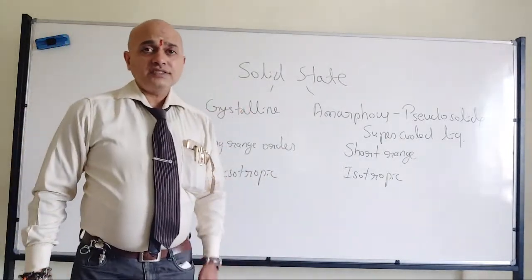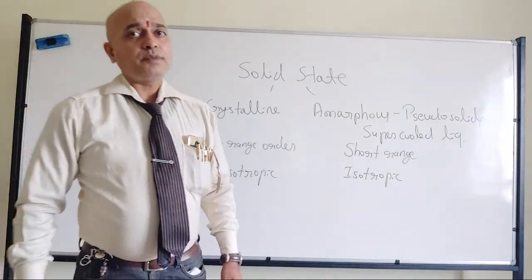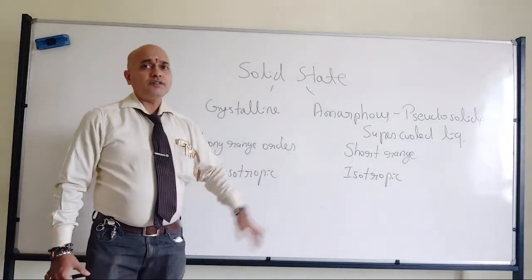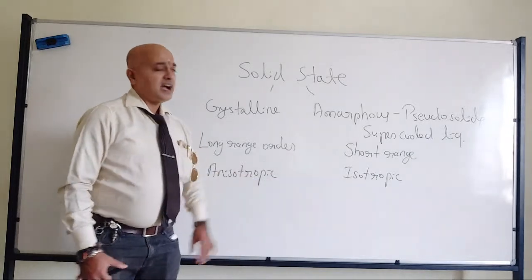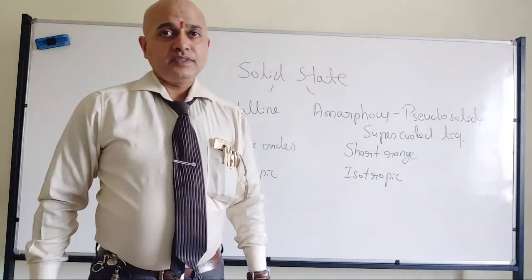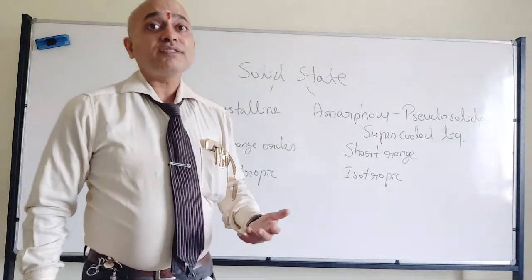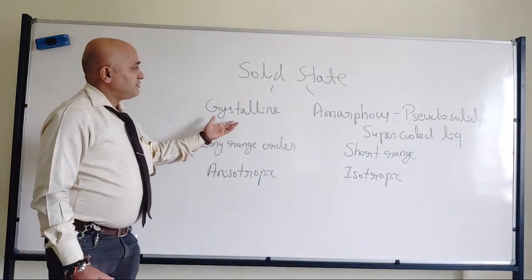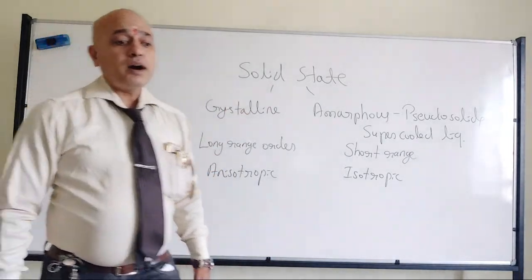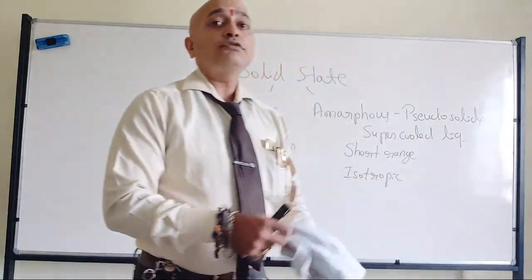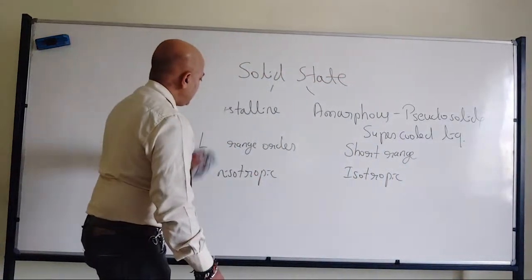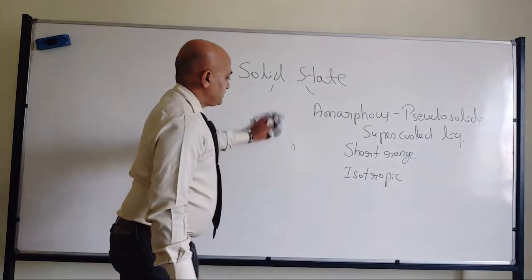Whatever the angle of incidence, the property of radiation or bending of light, the refractive index, will be the same. You have to remember these terms, whatever I have written on the board.